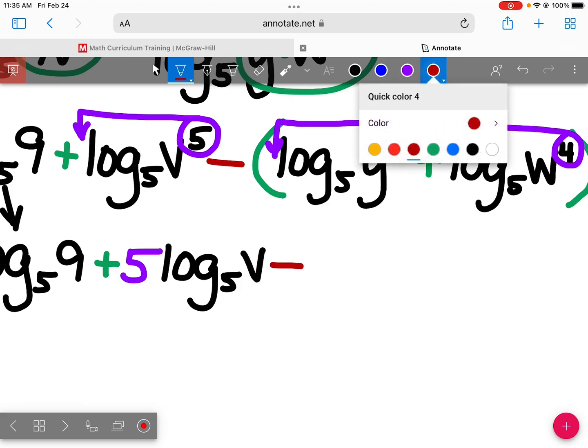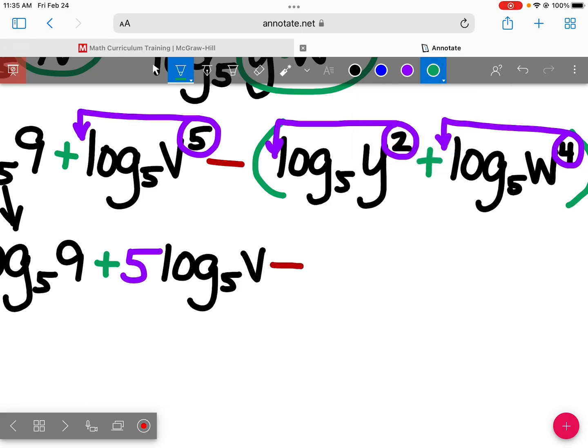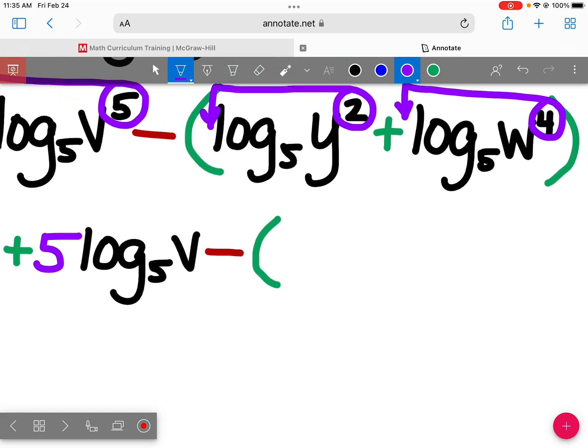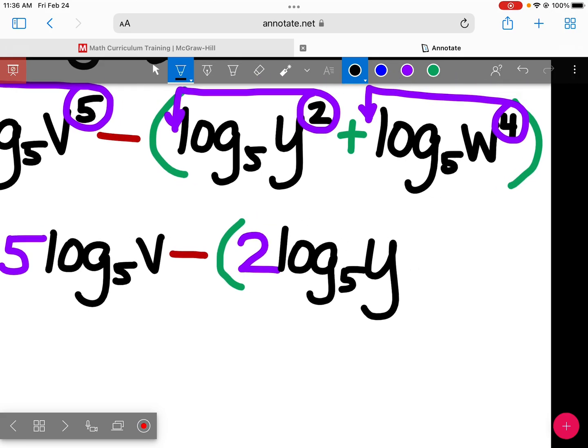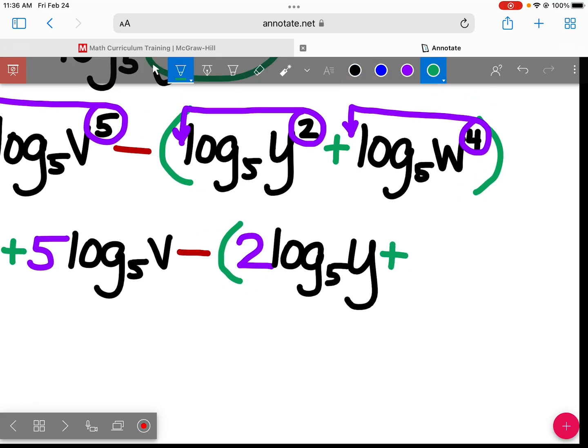What comes right after the minus? Parentheses. All right, so I have a minus, then I have parentheses, and then I see what? 2 log base 5 of y plus 4 log base 5 of w, yes.